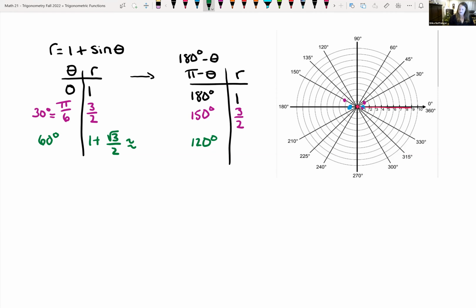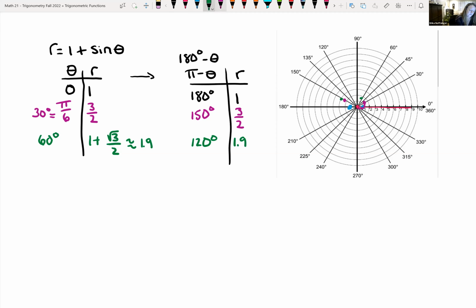So 1 plus 0.9 is 1.9. Okay, so let's look at this. So starting here, we're going to come up and loop. And then at 60 degrees, we have about 1.9. So 1.9 is up in here. Symmetrical, it's about right here.